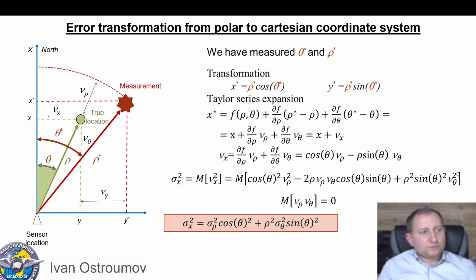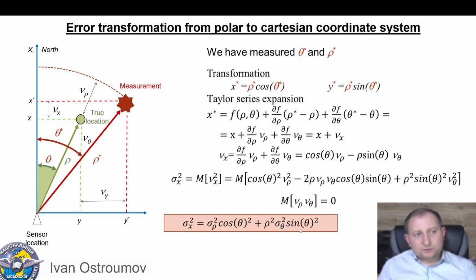And in this case, we can rewrite everything in more common way. In this case, we can change mean value for eta rho squared to dispersion by rho, and mean value from eta squared theta to dispersion by theta angle.